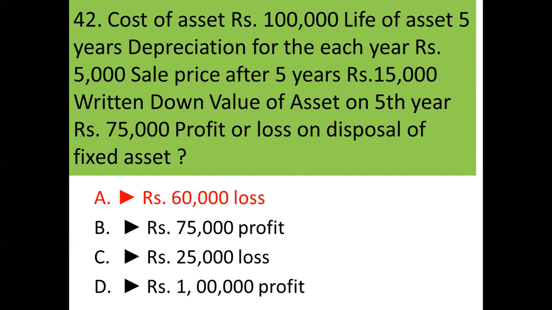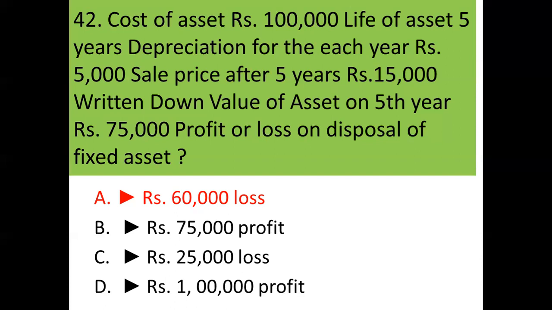We have a depreciation of 5,000 each year, and you have 5 years, which means that total or accumulated depreciation is 5,000 times 5, which is equal to 25,000. And as sales proceeds, sales of that asset after 5 years is 15,000. This sales proceed will be on the credit side of the disposal account, 15,000.